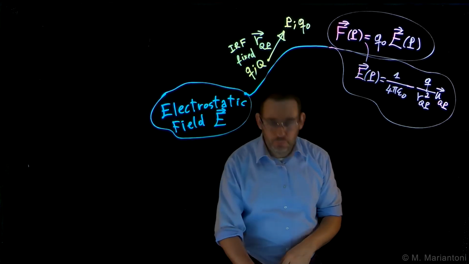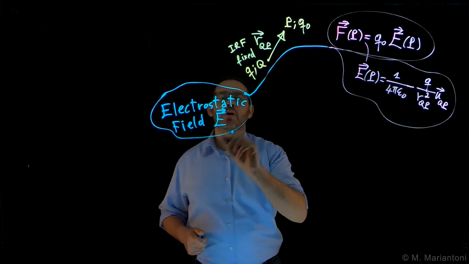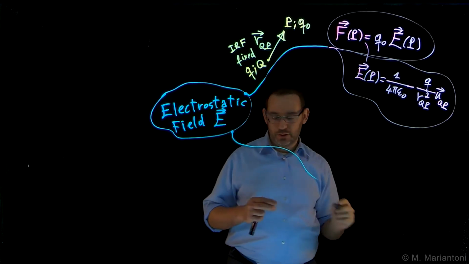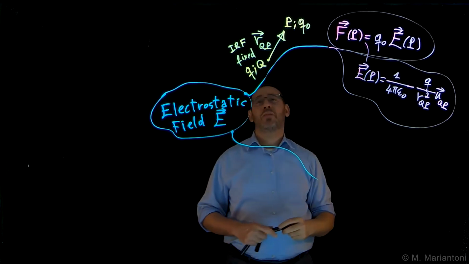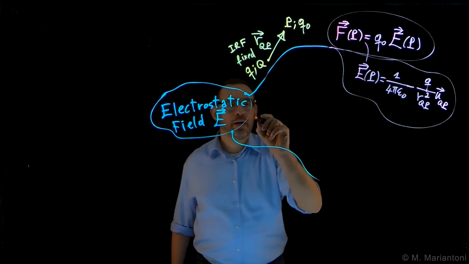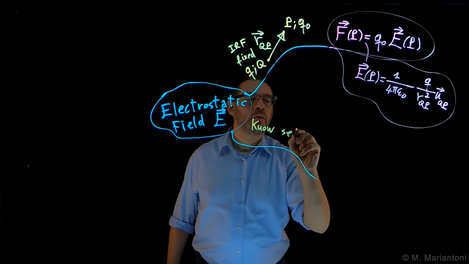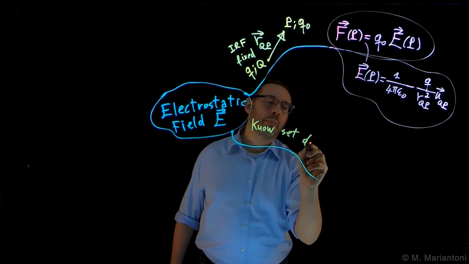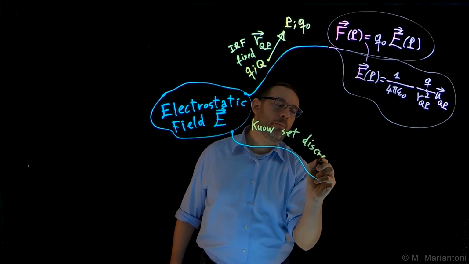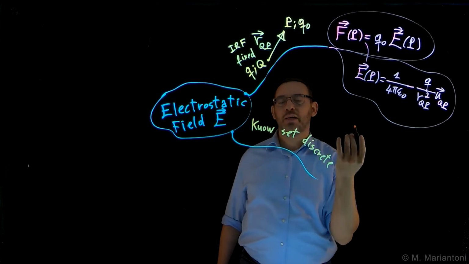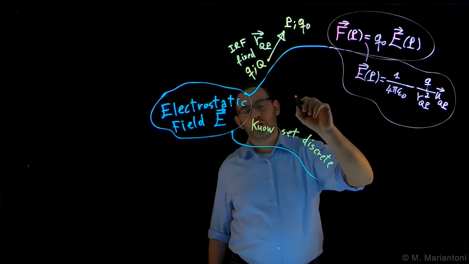Then, to complicate the scenario a little bit, suppose that instead of a single particle we have a known set of discrete charges in space.